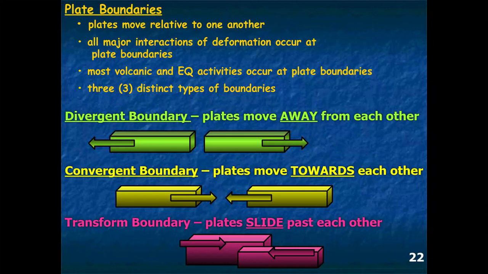As the plate rides over the top of the hot spot, it'll produce a volcano, for example. Then the plate will move over the stationary hot spot, and another volcano will be produced. The plate will move again over the stationary hot spot, producing another volcano. And this really ends up producing a little chain of volcanic islands. And so the typical example of an intra-plate boundary or hot spot would be the Hawaiian Islands.